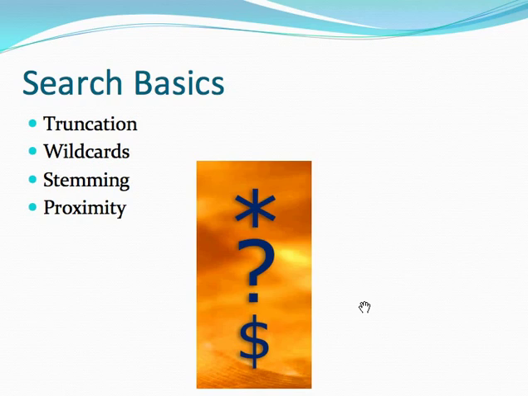For wildcards, it's a very good idea to use when you are not sure about the spelling, or it may have different spellings, American English spelling or British English spelling, for example. So you use a wildcard.